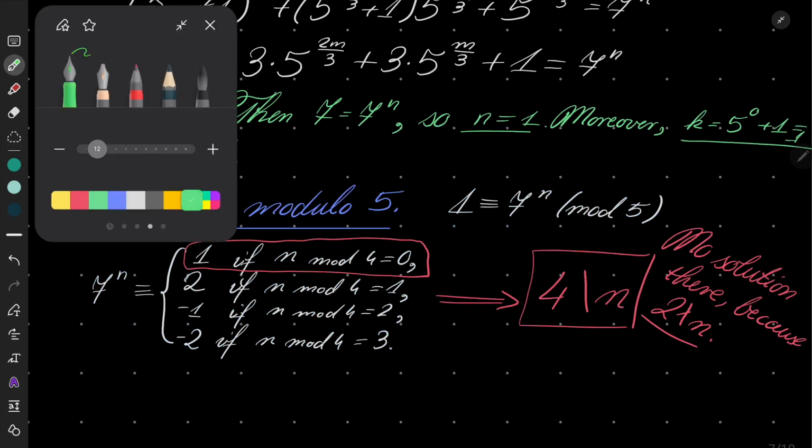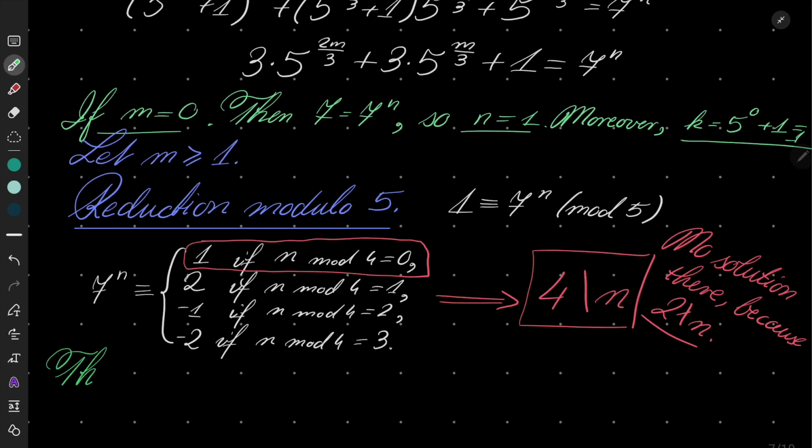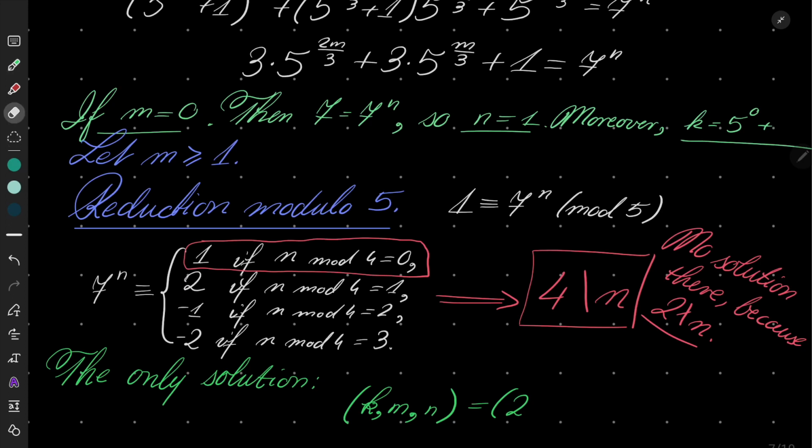In green, the only solution is the triple, not x, y, z, but k, m, n: k was 2, remember, m was 0, n was 1.